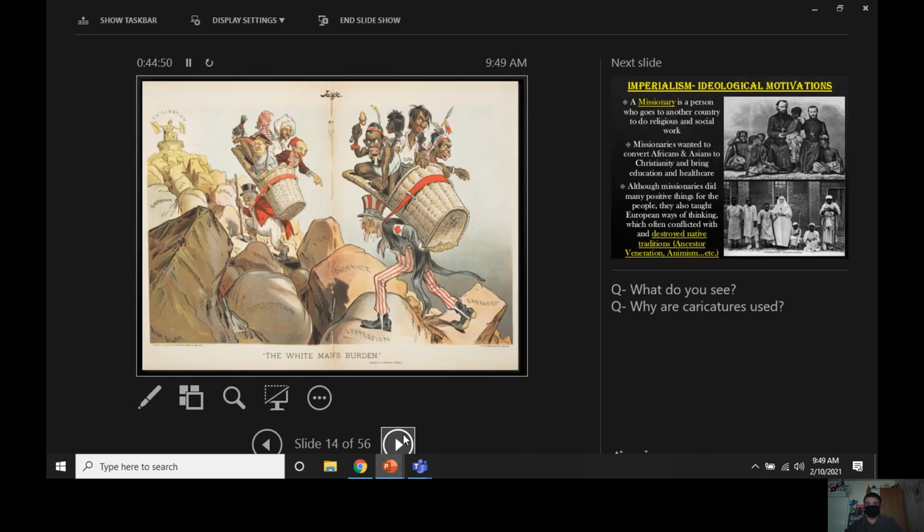This next one's really messed up. You look at this picture, and again, caricatures were really big, and a lot of them were really, really racist. Again, you look at the exaggerated features on all these different people. Native Americans, Latin Americans, Africans, Asians of various descent. They're climbing this hill of civilization. They're trying to get to the promised land. And they can't do it on their own, at least according to the picture.